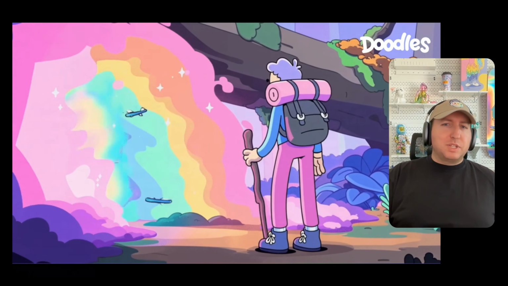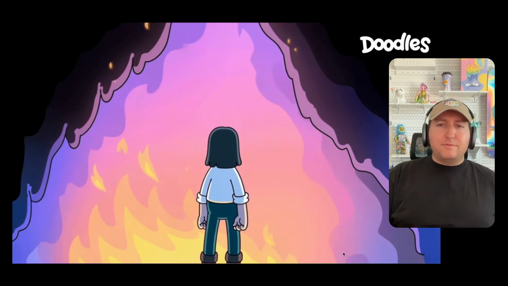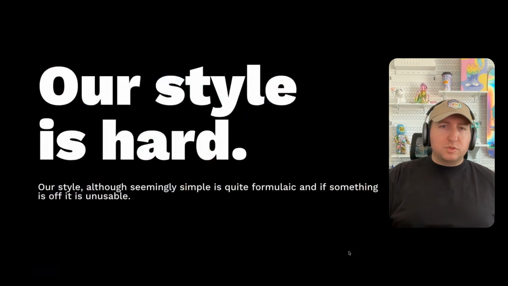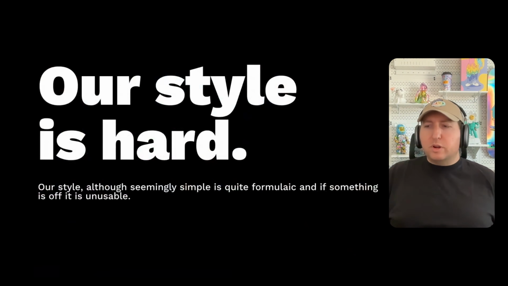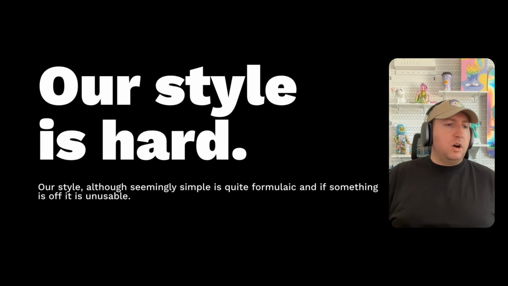This is something interesting that a lot of people don't know about Doodles or training Loras based on cartoons. In our experience, a lot of models have been trained on photorealistic things, on 3D things like that. But 2D cartoons are kind of this black hole of image models.